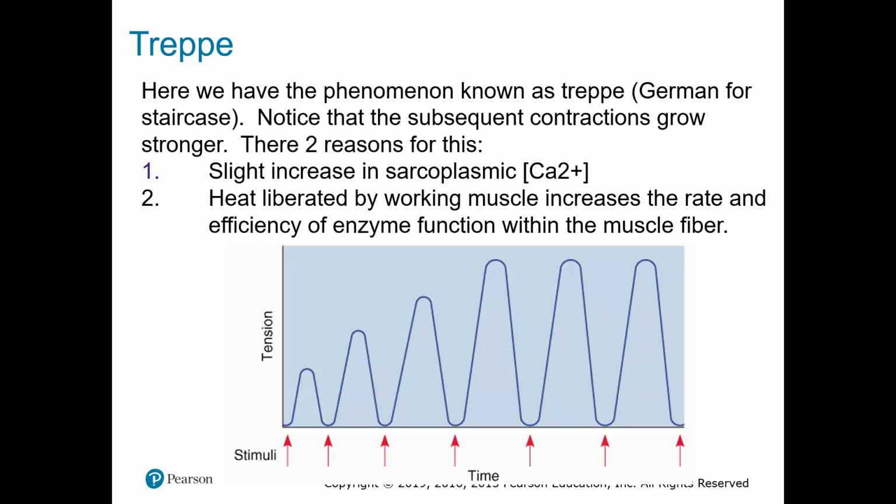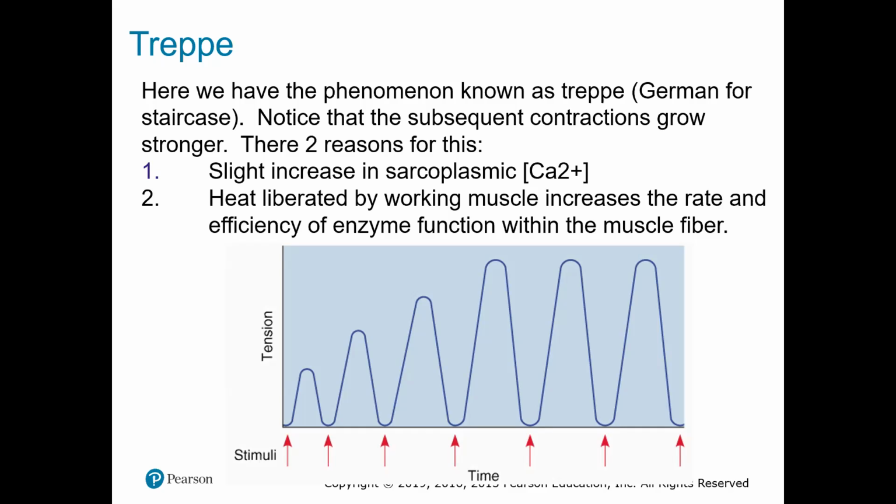Now, don't get tetany confused with treppe. Treppe is a German word for staircase. And lots of times people get these two mixed up. Treppe is where you generate tension in your muscle cells, and then you allow them to relax, and you do it again, and you do it again.